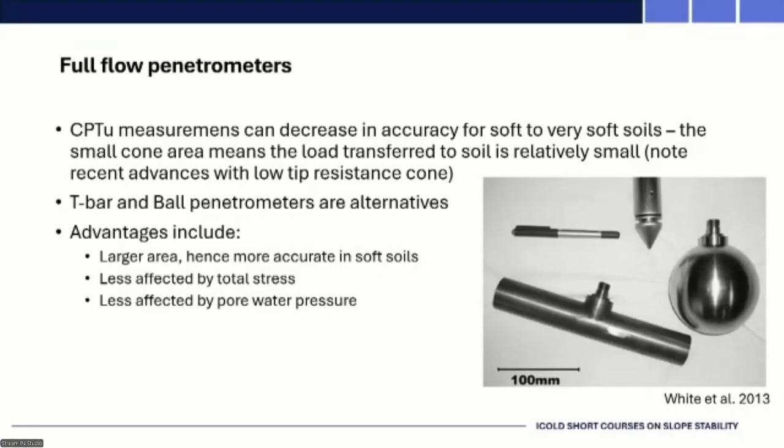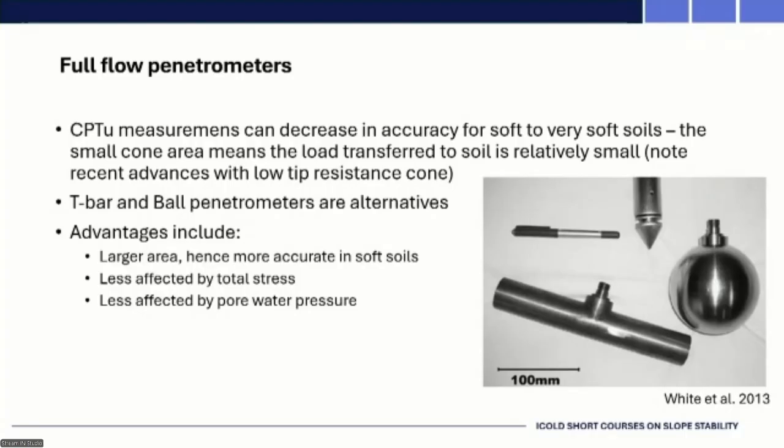With these devices, as you're pushing them in, the soil essentially flows around them, hence the full flow term, whereas the cone, it's sliding up the outside. And they were able to do these plasticity solutions again, which narrowed the boundary from 11 to 19, as it was with the CPT, to a much narrower theoretical range.